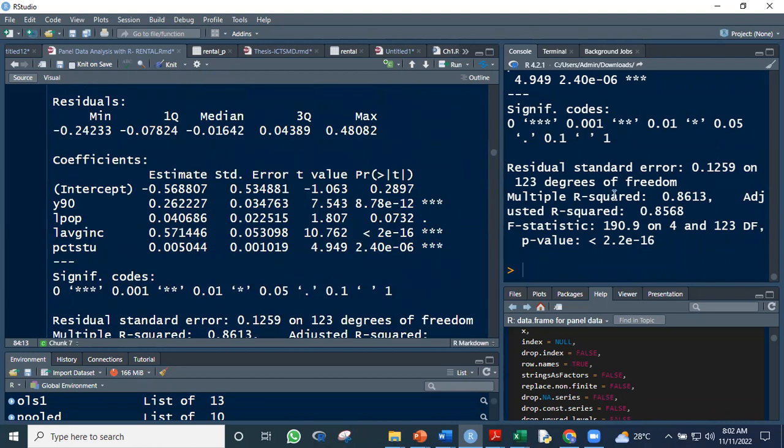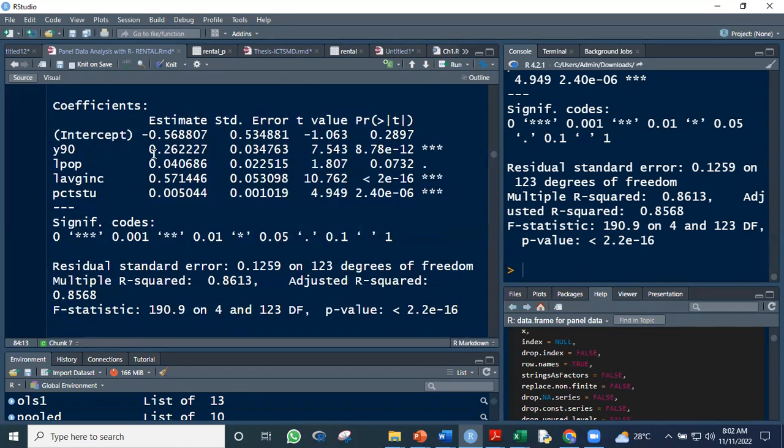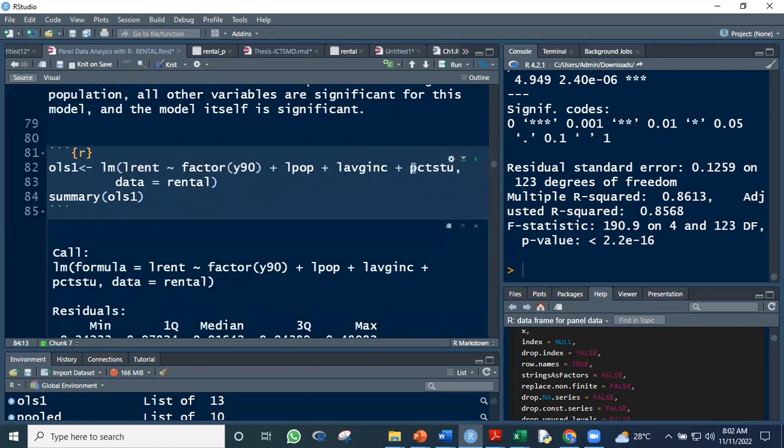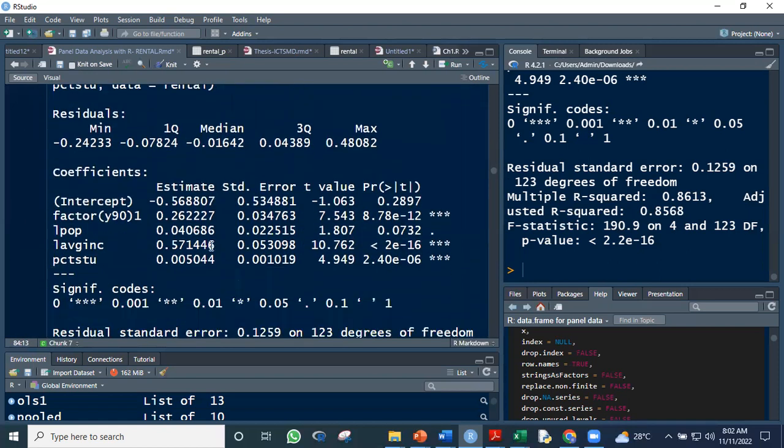Why? Bakit kaya pareho lang din yung answer? Even if here y90 was considered as an integer, and here we treated y90 as a factor. Why do we have the same result? And then here you have 1.